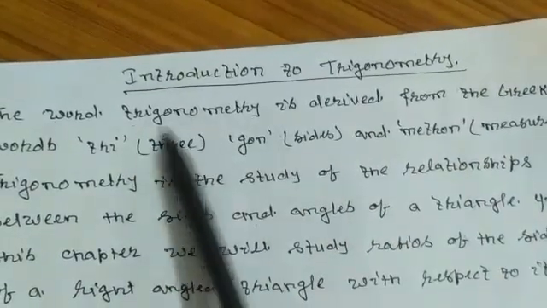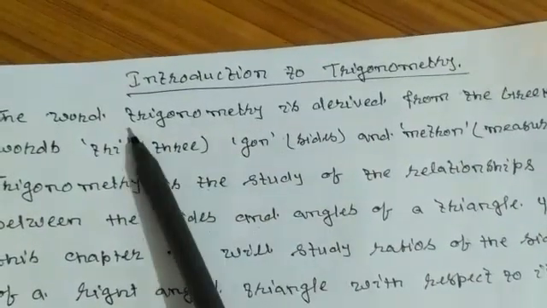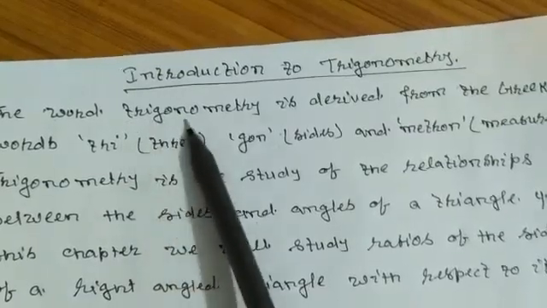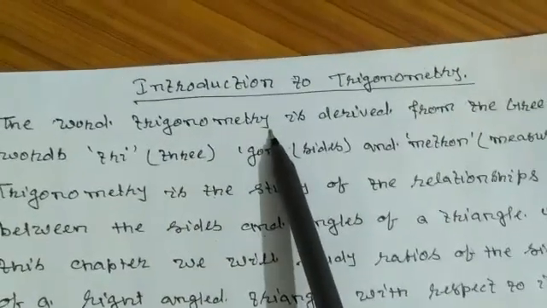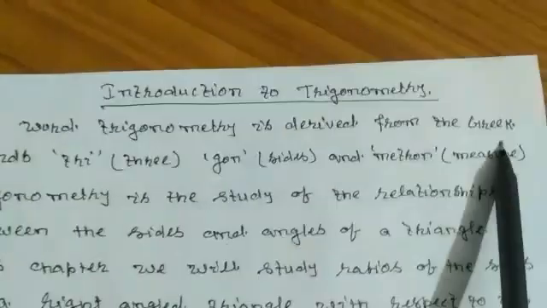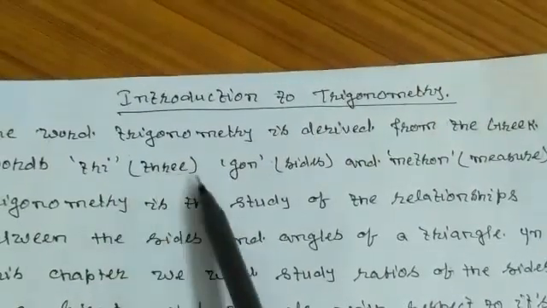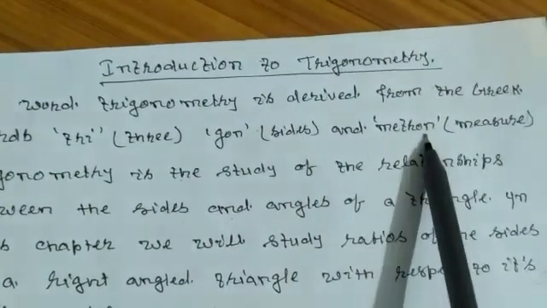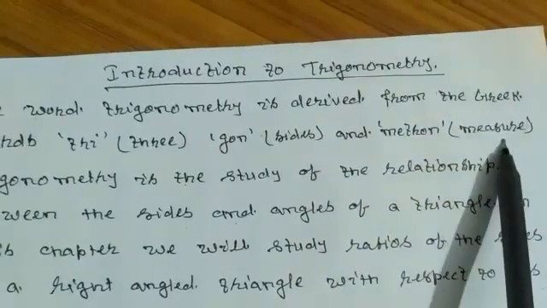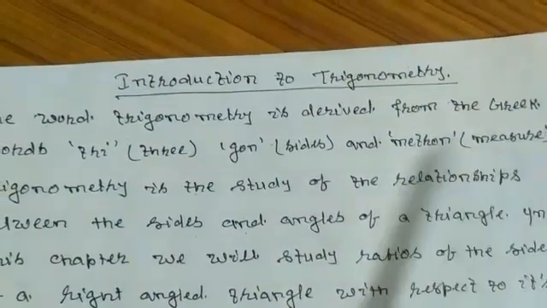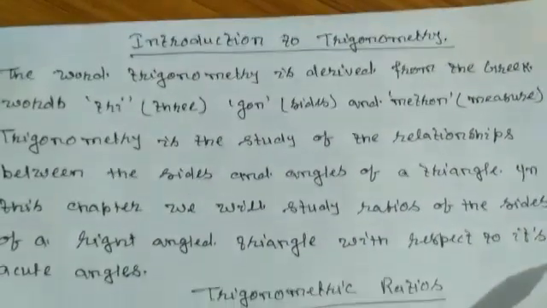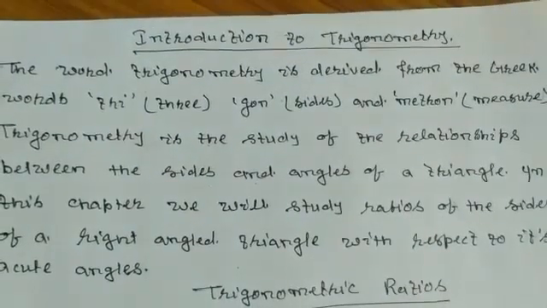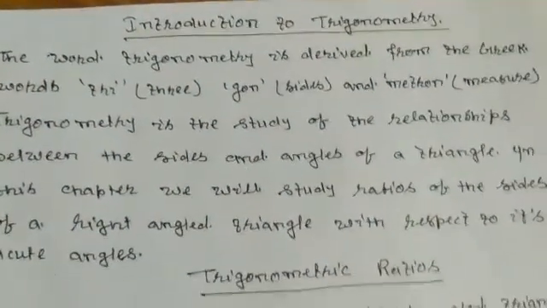When you split the word trigonometry, you will find trigonometrian. This is a Greek word. Tri means three, gon means sides, and metron means measurement. So the meaning of trigonometry becomes the measurement of three sides.